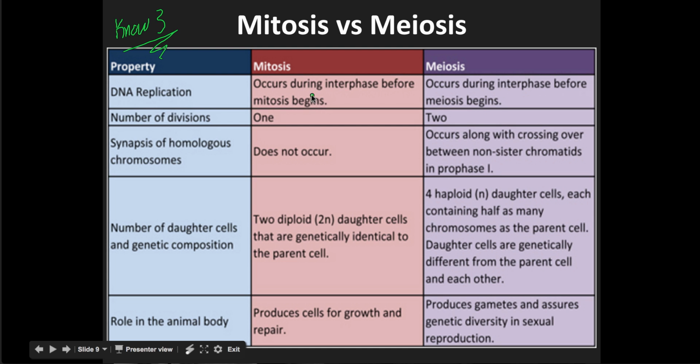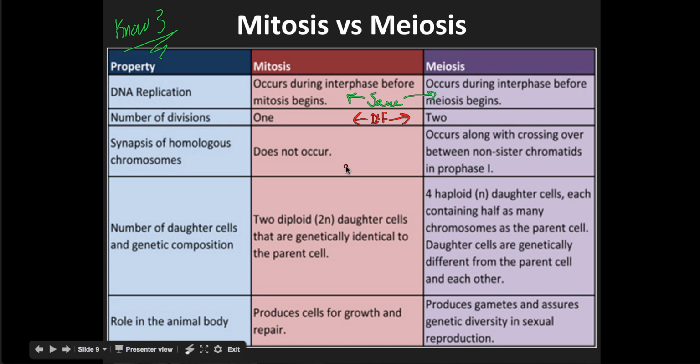DNA replication, remember, occurs during interphase before mitosis begins, and in meiosis occurs during interphase before meiosis begins. So interphase is where DNA doubles. This is the same kind of thing, right? So that's a similarity. Number of divisions, 1 and 2. This is definitely going to be a difference.